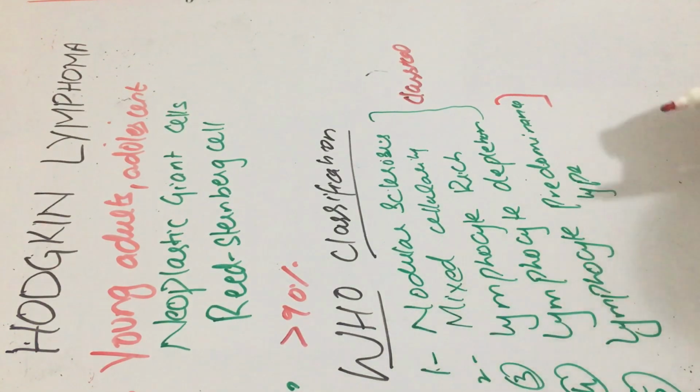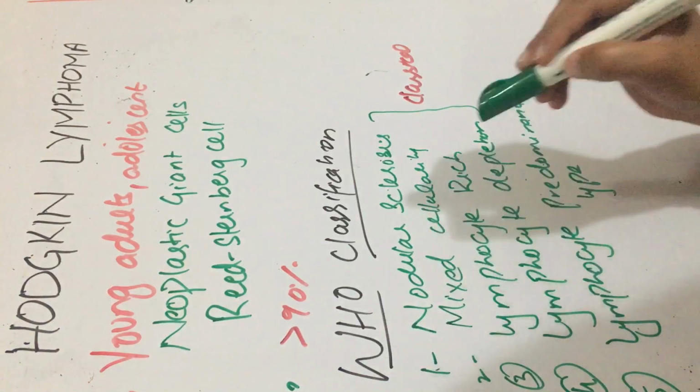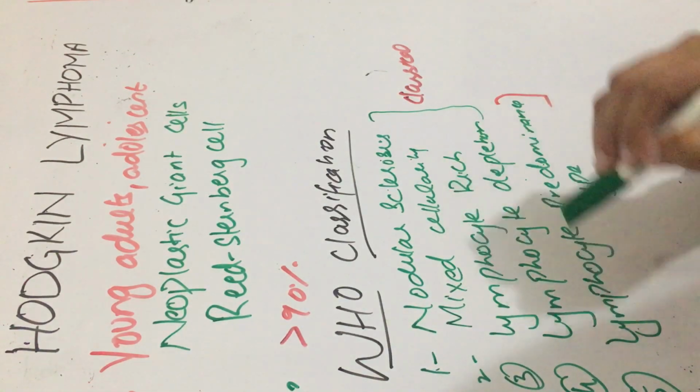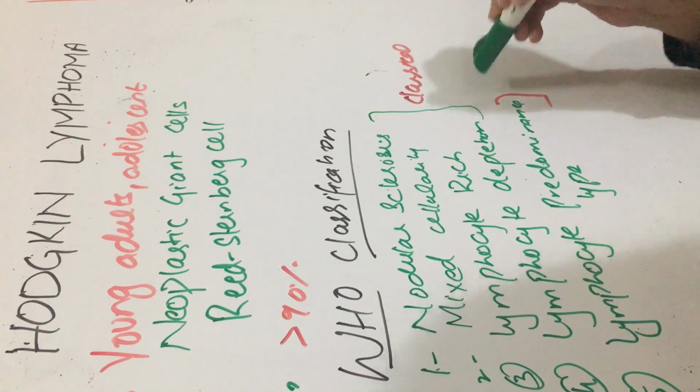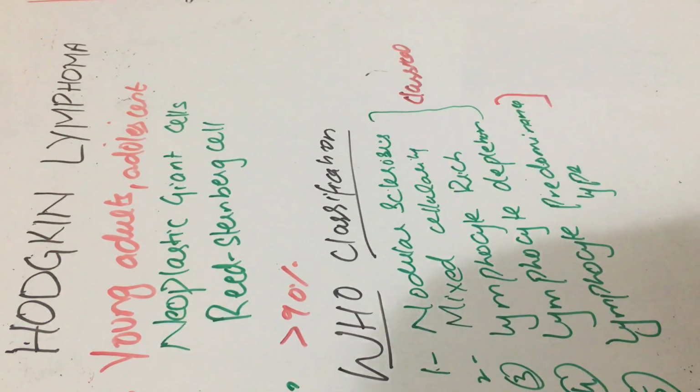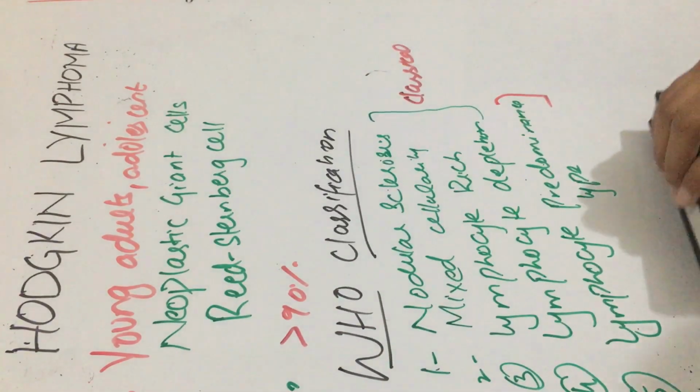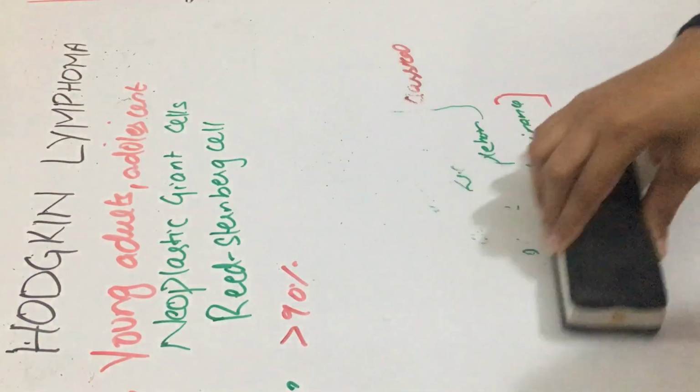That's why it is called non-classical, whereas the first 4 are called classical. So I am again repeating the WHO classification: nodular sclerosis, mixed cellularity, lymphocyte rich, and lymphocyte depletion, which are classical, and the 5th one is lymphocyte predominance type.